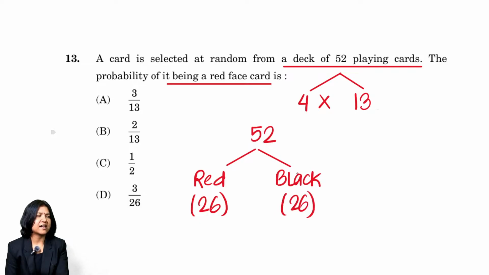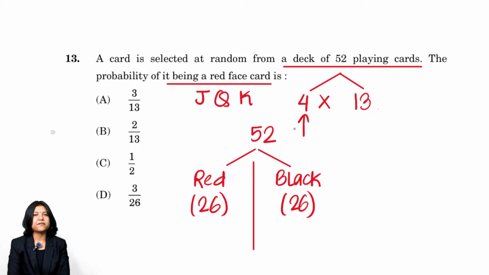Because I told you there is a total of 4 cards for each value or each figure. So how many face cards I said? The face cards are the Jack, King and Queen. I think I wrote it otherwise. It's Queen and then King, of course.